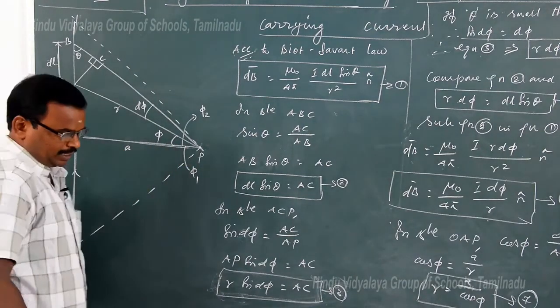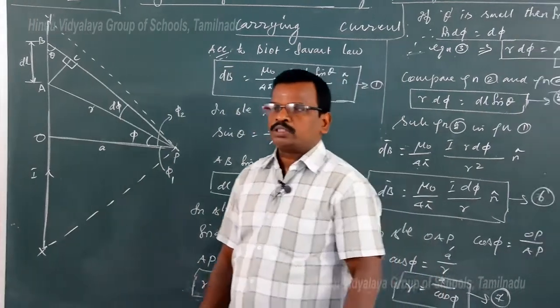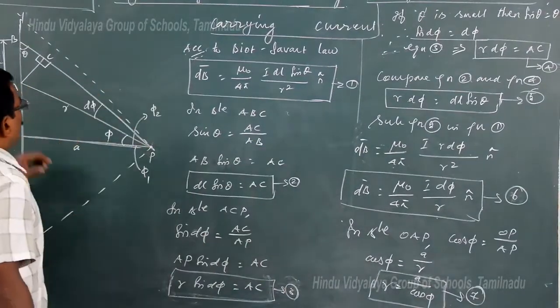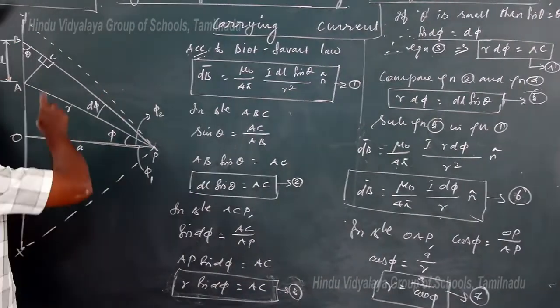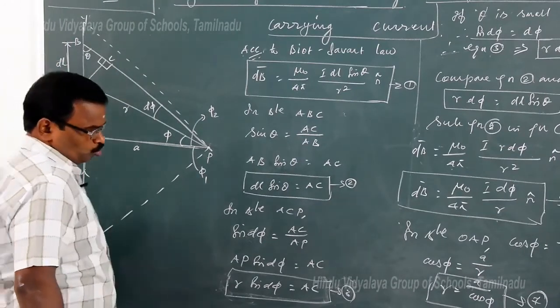So, for that case, we may use the Biot-Savart law. When we want to use the Biot-Savart law, we have to choose a small element of length. A small element AB of length dl we have to choose.